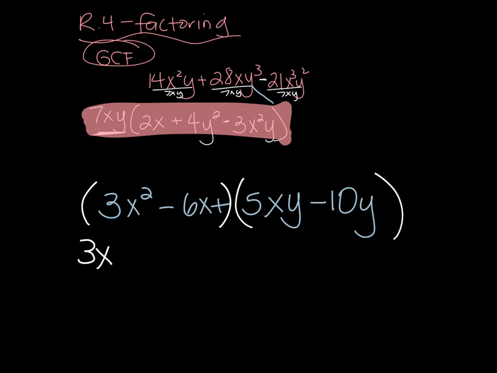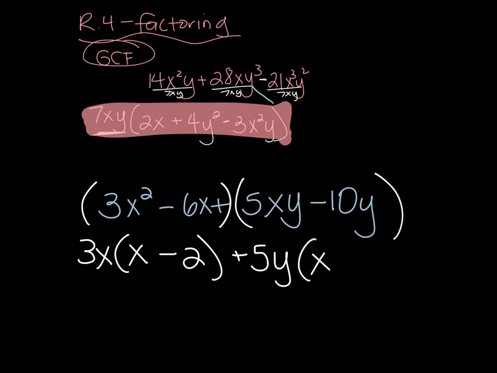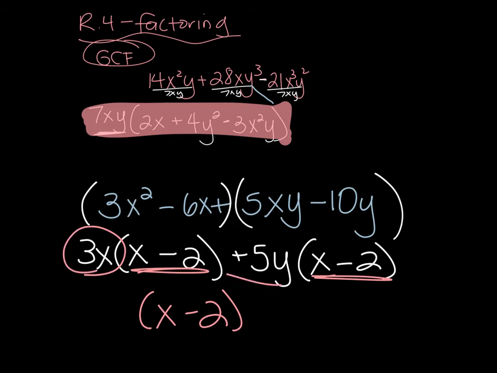A 3 and an x, and then it would be x minus 2. From the second set of parentheses, you could take out a 5 and a y. So it would be a positive 5y, and then left over would be an x and a minus 2. And then what's inside the parentheses should be the same. And what's left over gets grouped together.